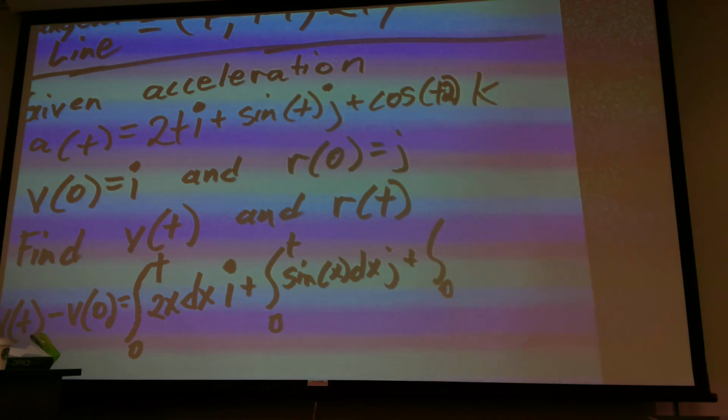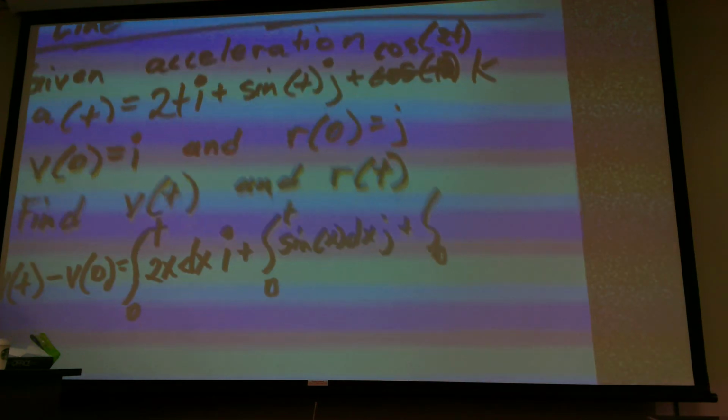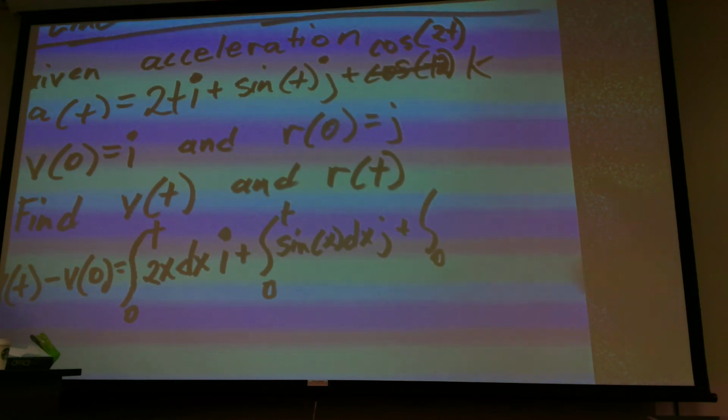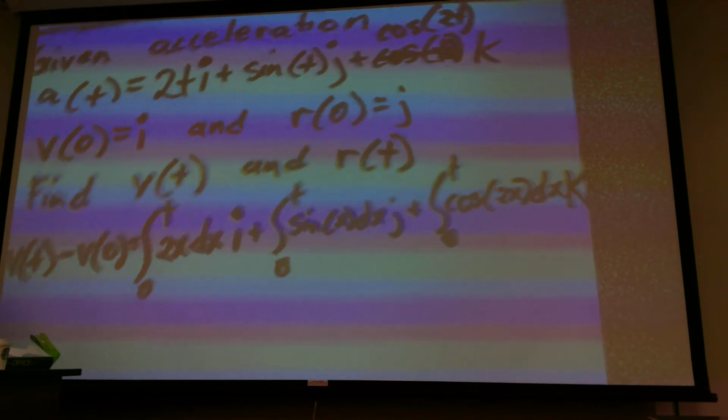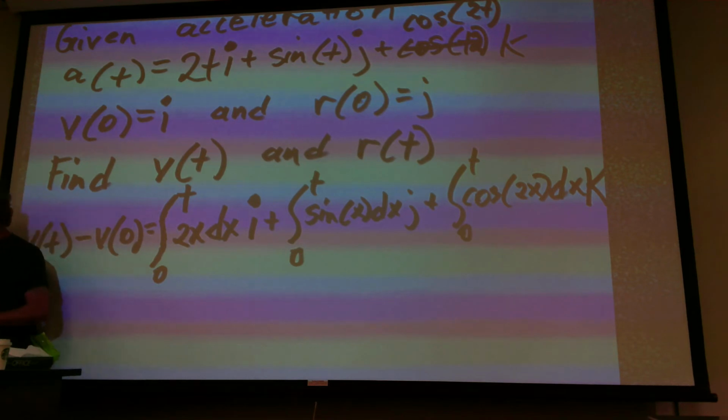There's supposed to be a 2 right there: cosine of 2t. Okay. So that'd be the integral from 0 to t of cosine of 2x with respect to x times k. This is a problem I have messing up. Okay, so what is this going to give us? This is going to give us the v of t.